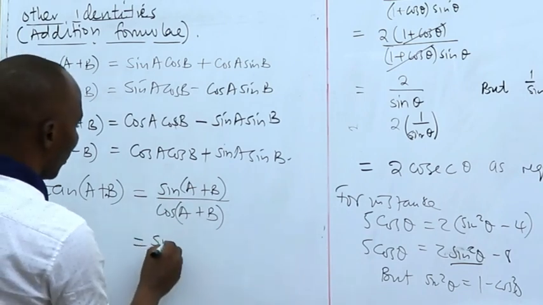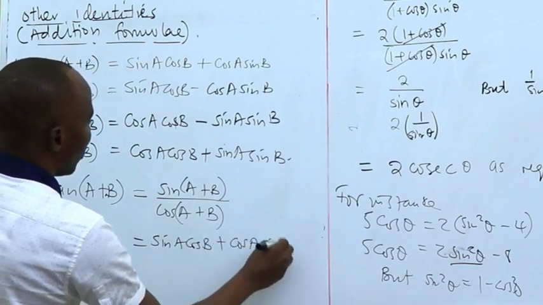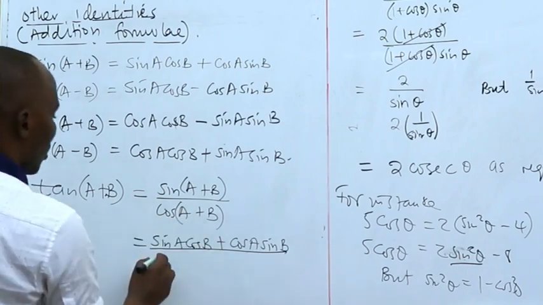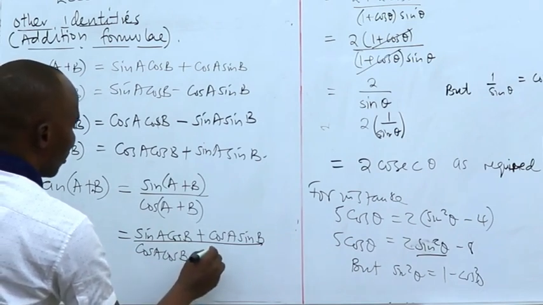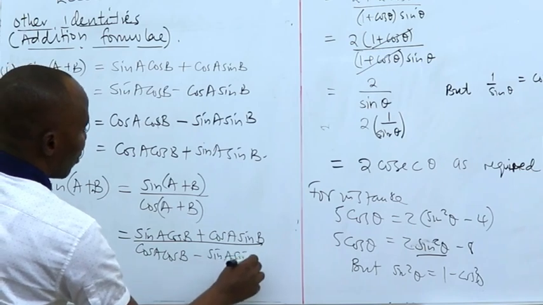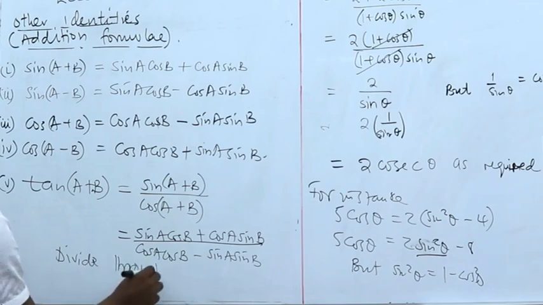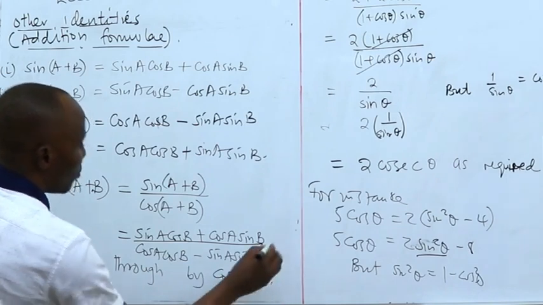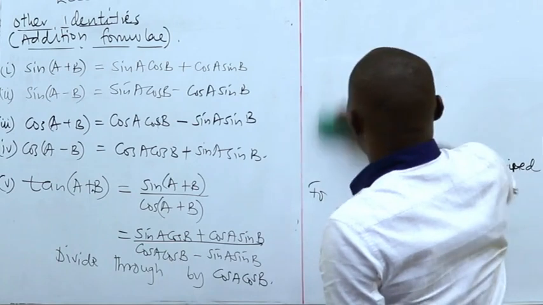If we expand, this is sine A cos B plus cos A sine B over cos A cos B minus sine A sine B. So when you reach there, you divide through by cos A cos B. So what happens if you divide through? Let's look at what happens.